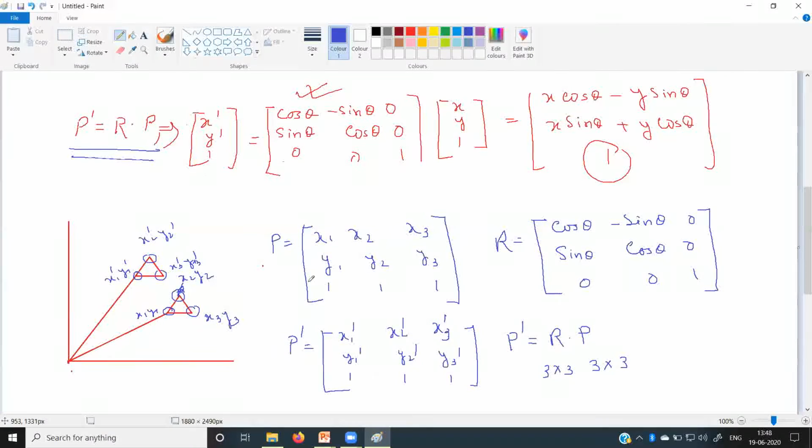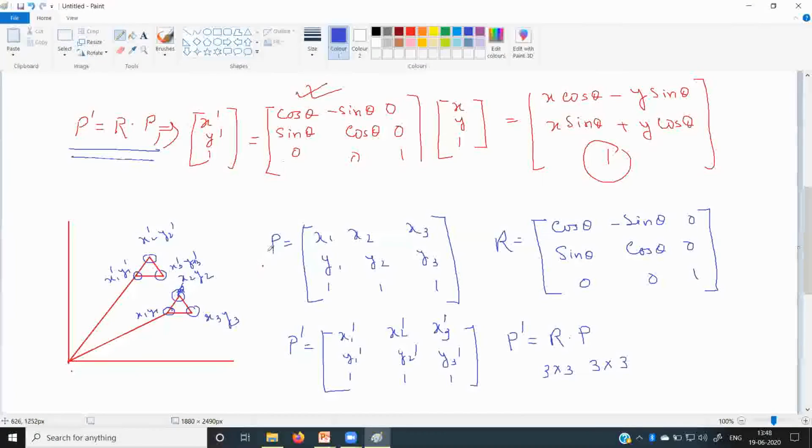Similarly, you will get all points for y, and the weight factor will become 1. So in here, you can get the location of the rotated point after multiplying the R with P.